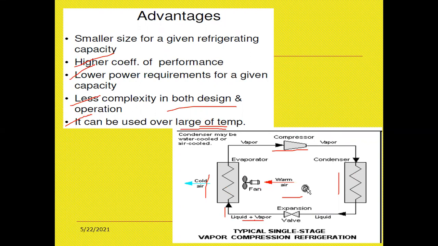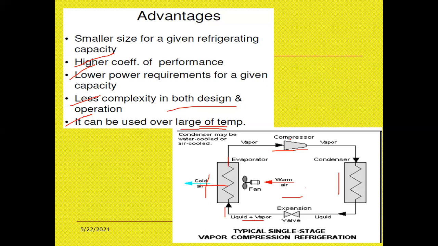The warm air is blown from this direction and the cold air comes out through the evaporator. Here in the evaporator the liquid is converted into gaseous, vapor form, and it is passed into the compressor.